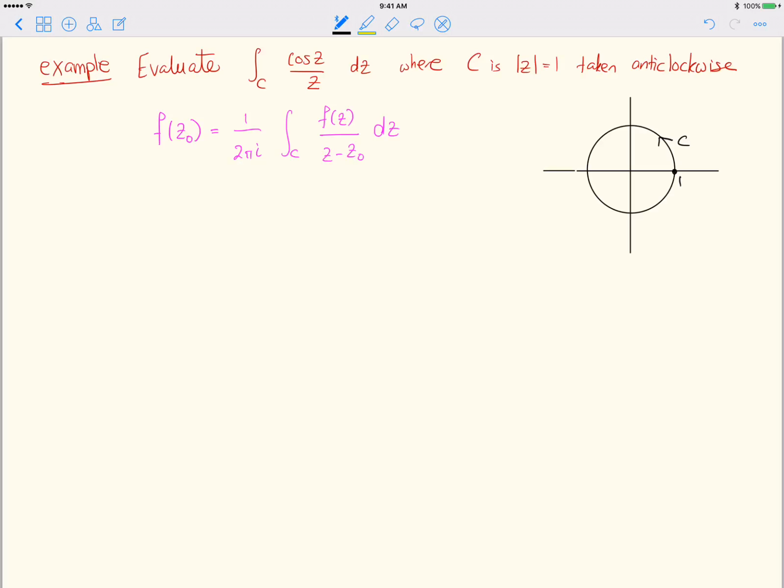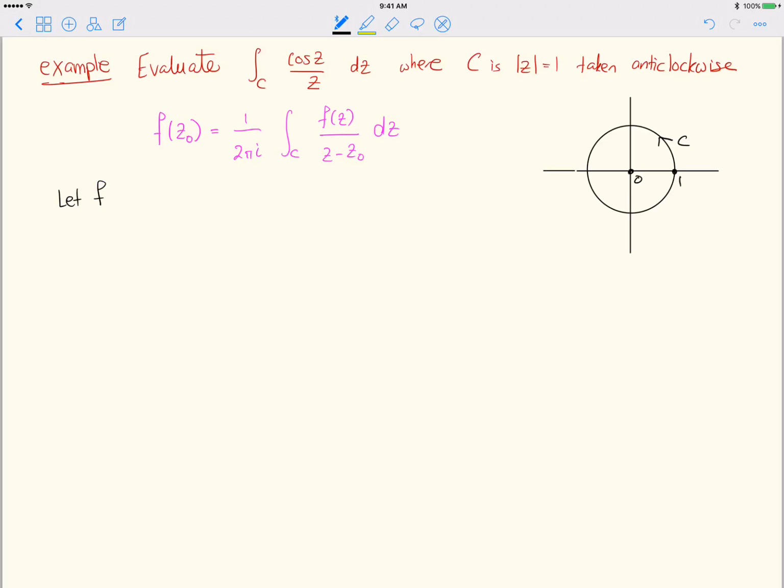You have cos z on z, so the denominator is just z, but you can think of the denominator as being z minus 0, and then use 0 as your interior point. That's the trick with this question. So take your interior point to just be 0, and then go from there.